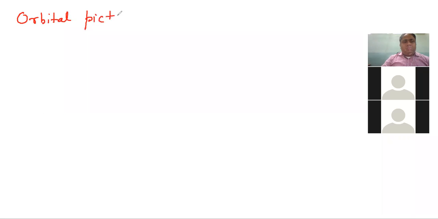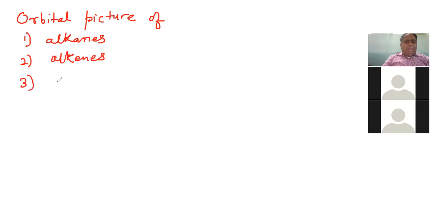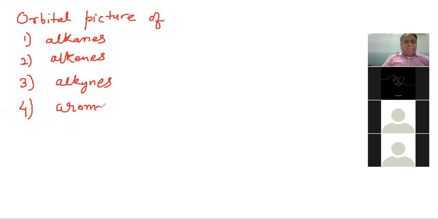So let us discuss the orbital picture of alkanes, alkenes, alkynes, and aromatic hydrocarbons.